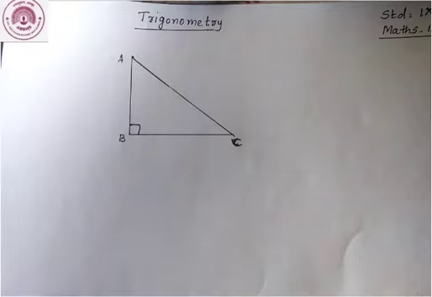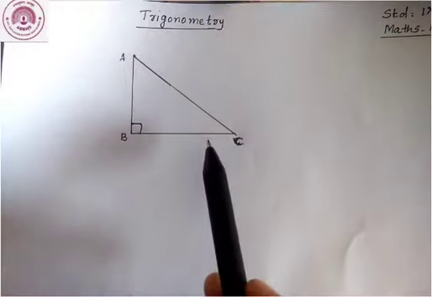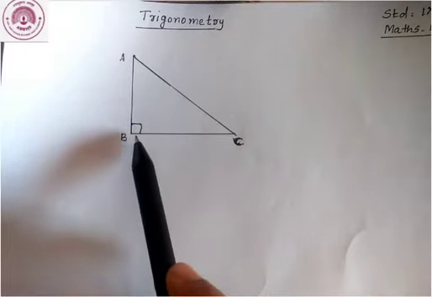In your previous class, you have studied triangles. The subject trigonometry starts with the right-angled triangle, the theorem of Pythagoras, and similar triangles. Here you can see triangle ABC. Which angle is 90 degrees?